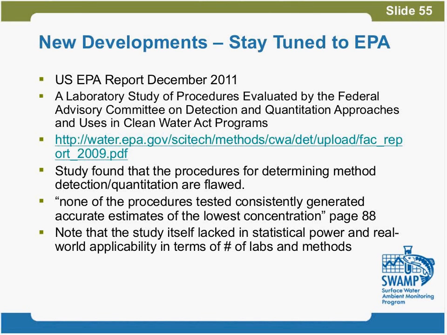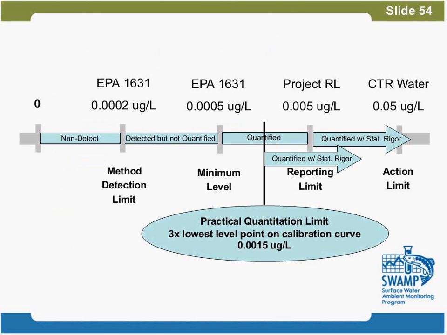So what I'm saying to you is that according to EPA's recent study, we'll say, oh, our MDL for total mercury in 1631 is 0.002 micrograms per liter.